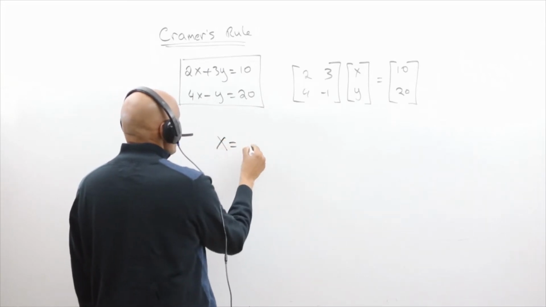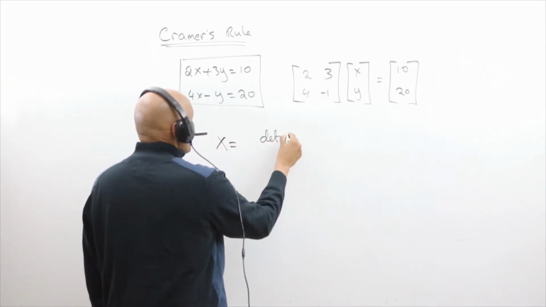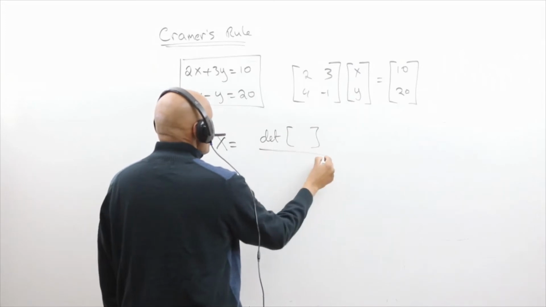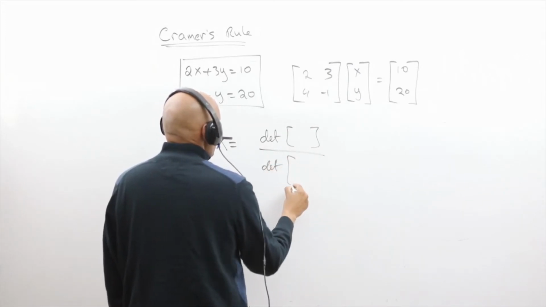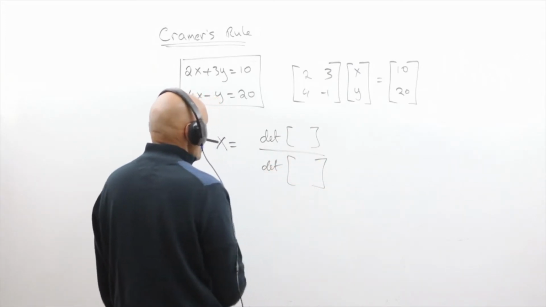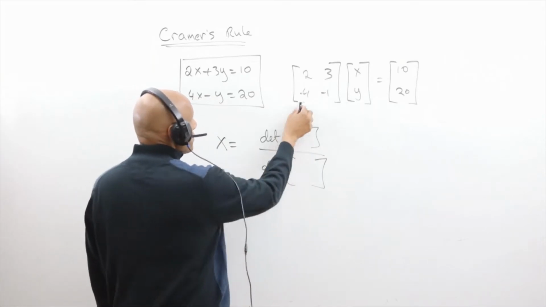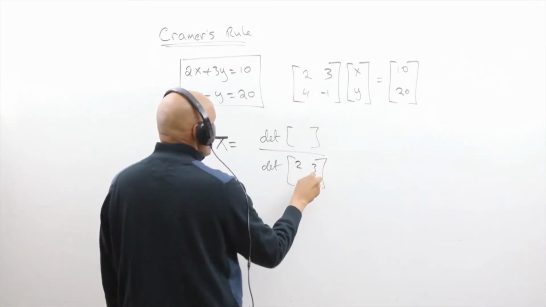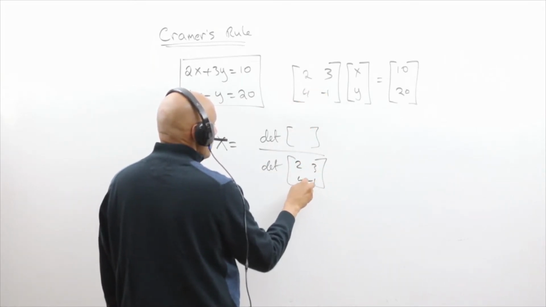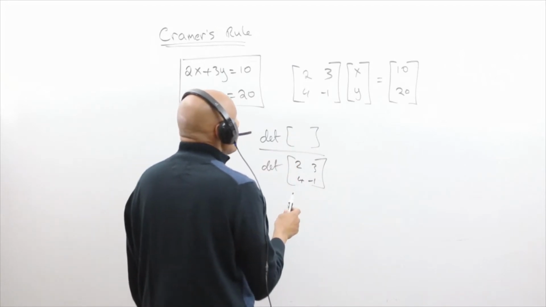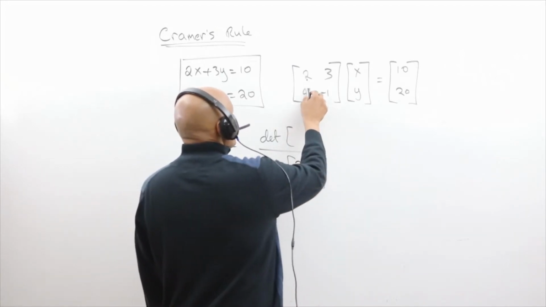X is going to be the ratio of a 2 by 2 matrix and another 2 by 2 matrix. The bottom 2 by 2 matrix is the original matrix, 2, 3, 4, minus 1. The top matrix, so this is the equation.